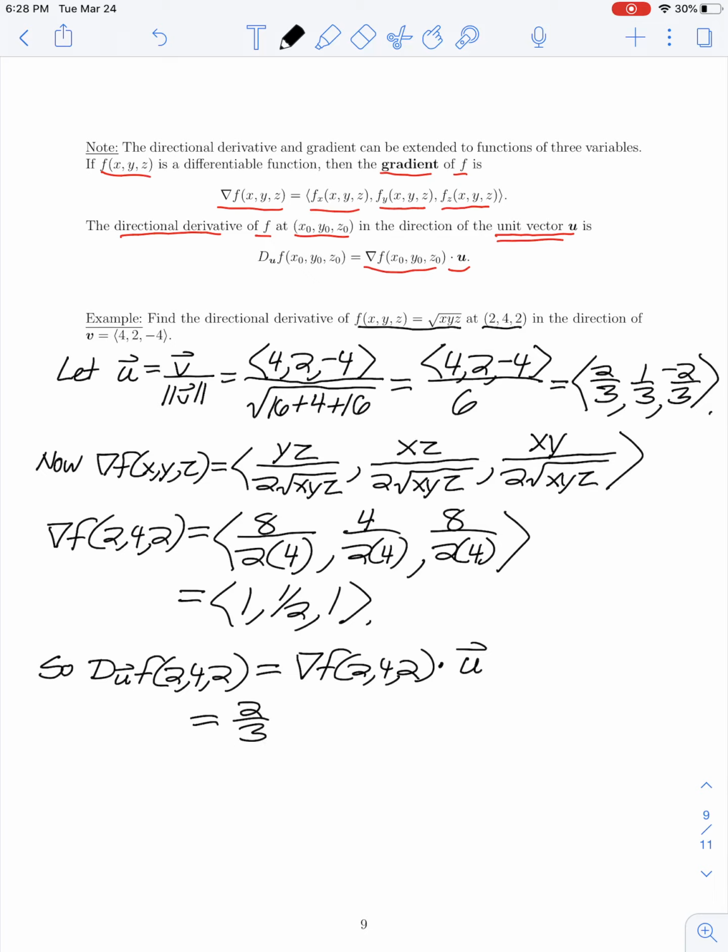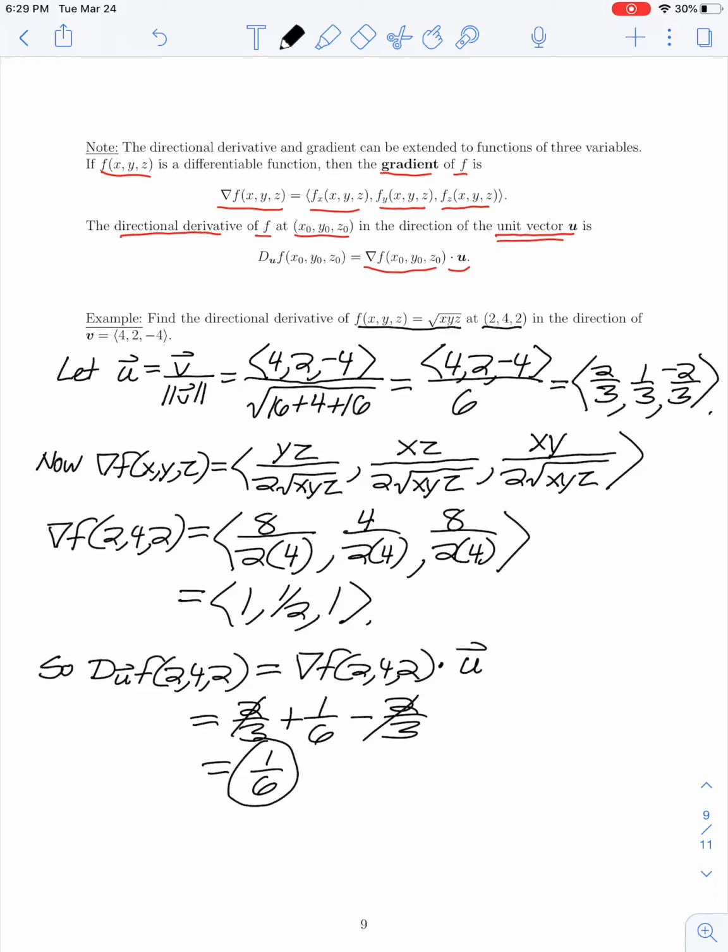We have for our first component, 1 times 2/3 plus 1/2 times 1/3 is 1/6, and then plus 1 times negative 2/3 is minus 2/3. So our plus and minus 2/3 will cancel, and we're left with 1/6 for this directional derivative.